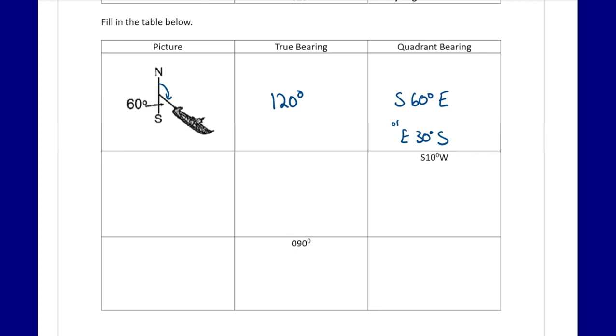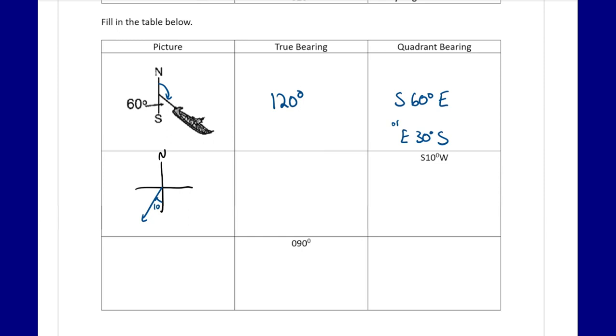Quadrant bearing, south 10 degrees west. I'm going to draw this one first, because it's going to be a little bit easier to draw than to figure out the true bearing. So we have south 10 degrees west. We're at south, north is over here, and we go 10 degrees west. So that would be my vector, that would be my direction.